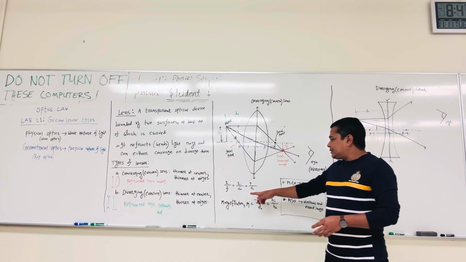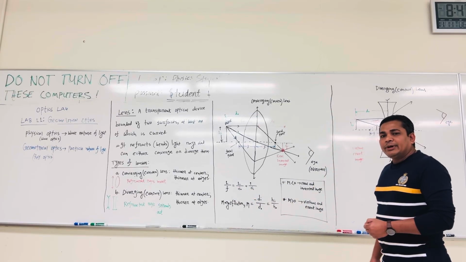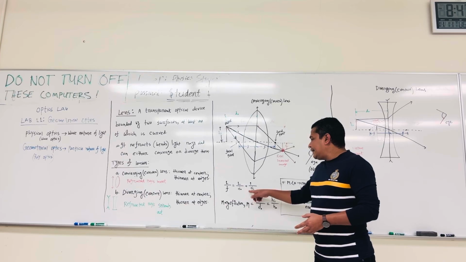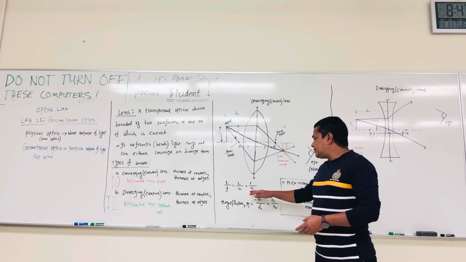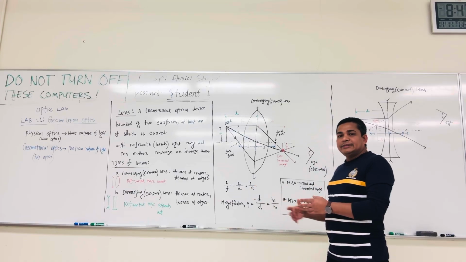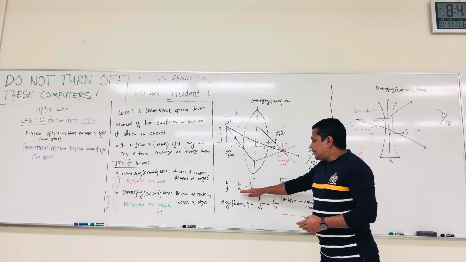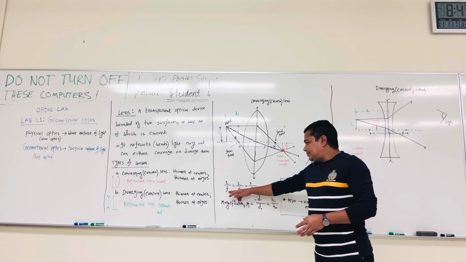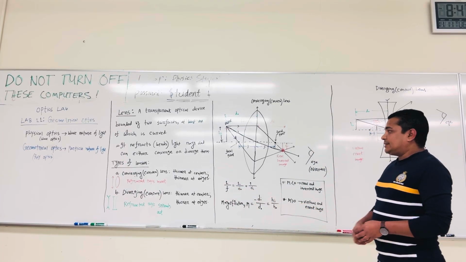So if we know the distances DO and DI, then we can calculate the focal length. Also, if we know the focal length and one of the distances, say DO, then we can also calculate the other distance, DI. So this is the relation among the focal length and these two distances.